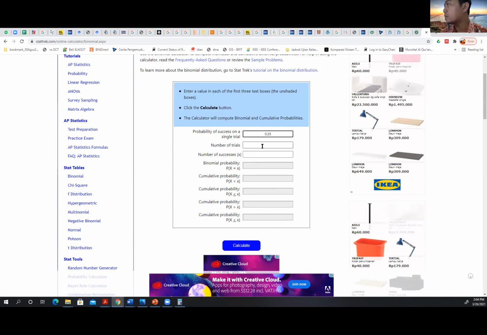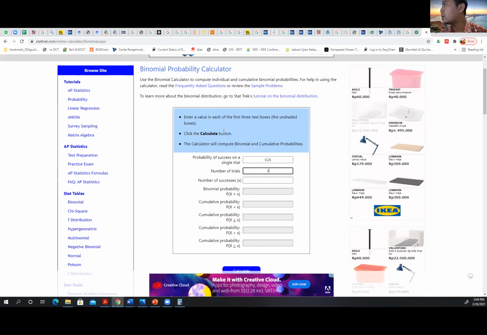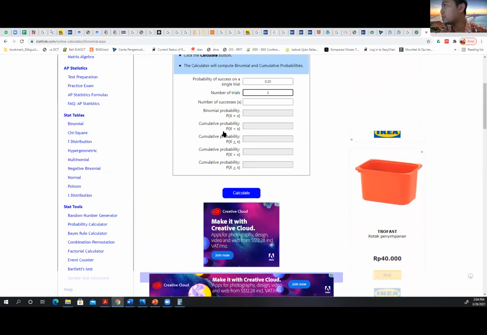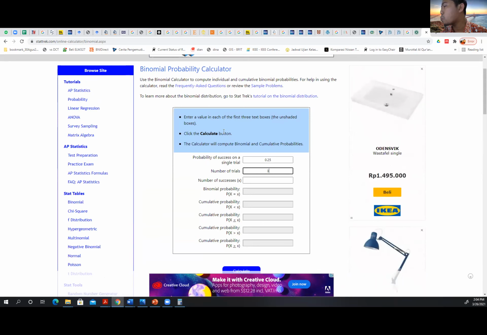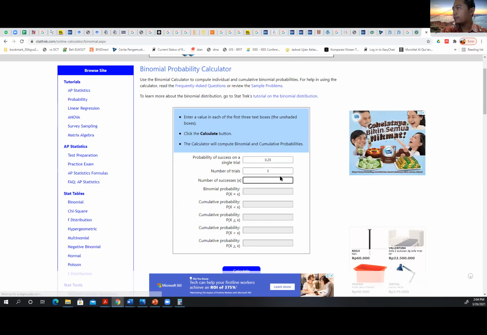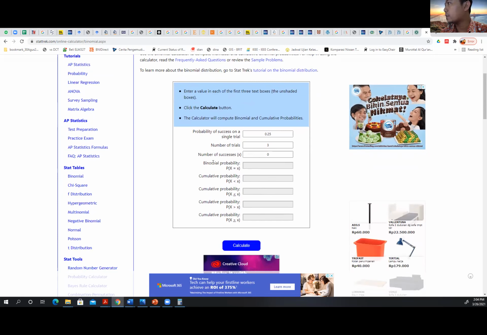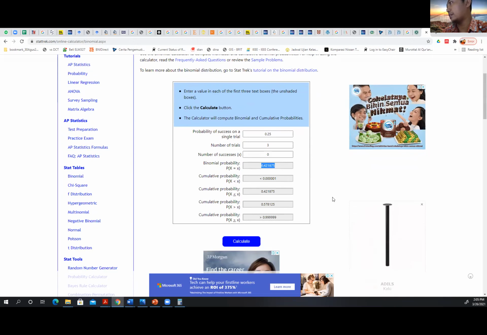The number of trials is 3. This calculator will compute binomial and cumulative probability. So when x is 0, the result should be 0.42. Let's compute for this one. That's the result.